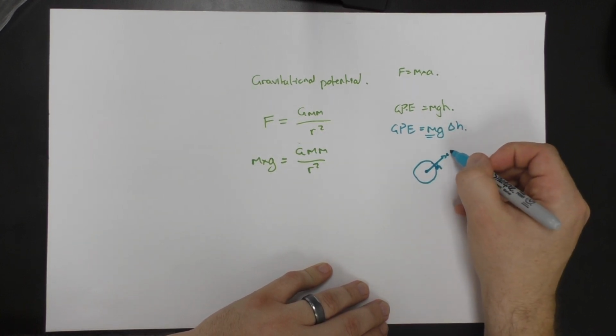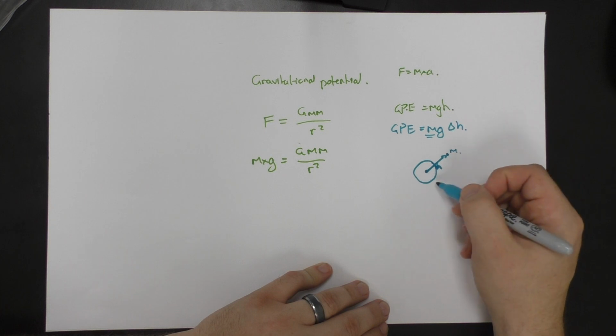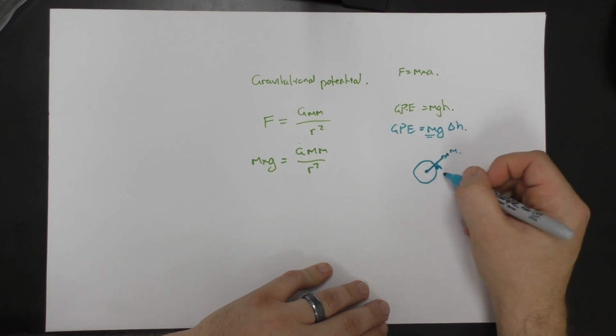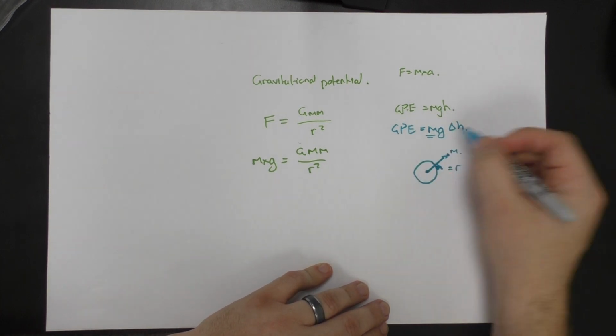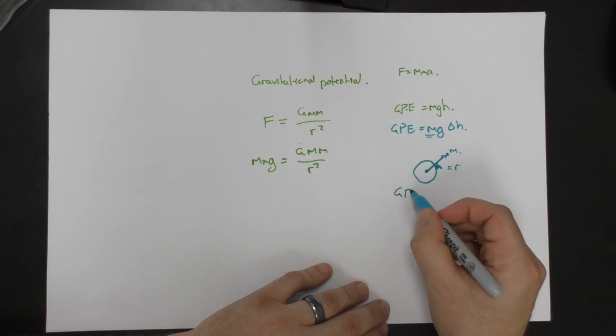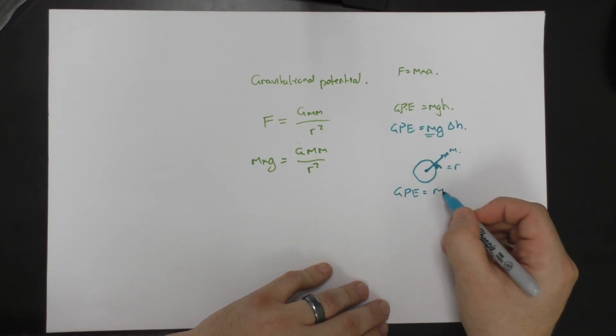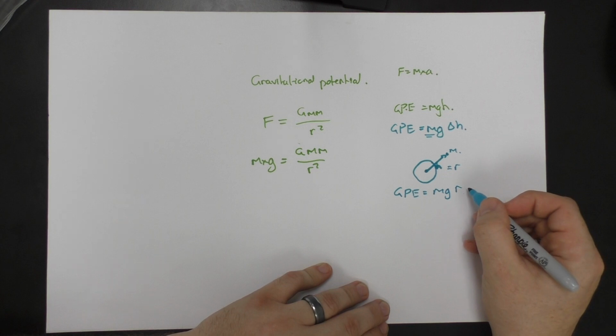You have this mass here, a distance h from the center of mass. Well, if you notice, that's actually like a radius, so r. So actually we can rewrite this to be GPE is equal to mgr.